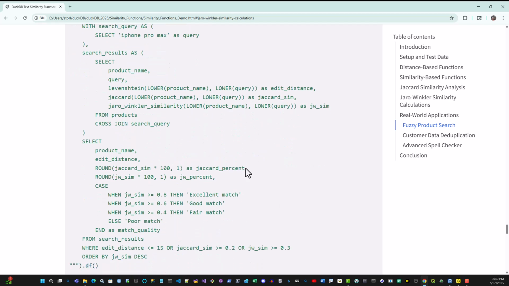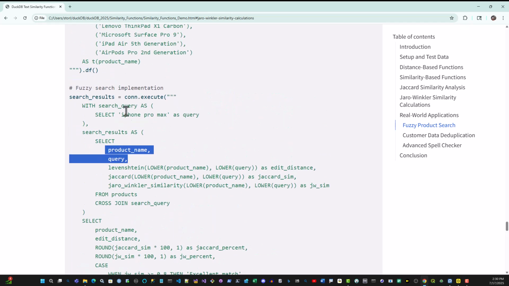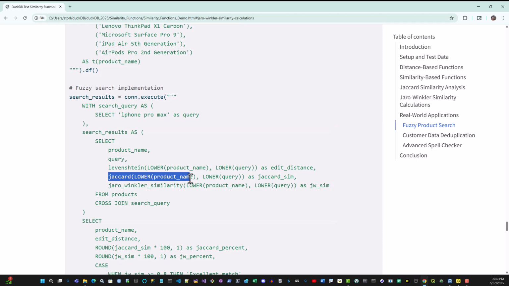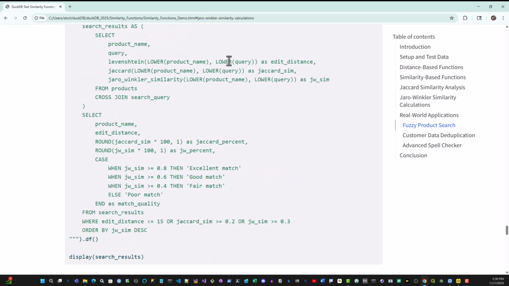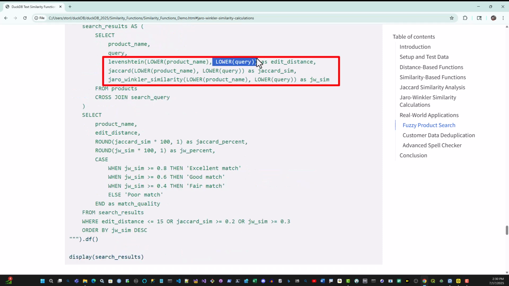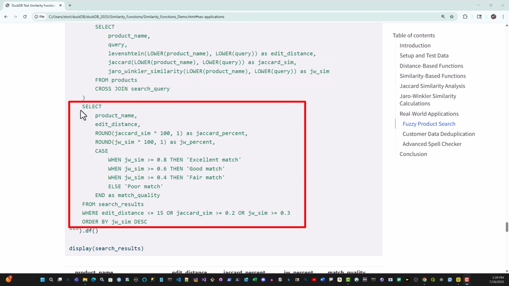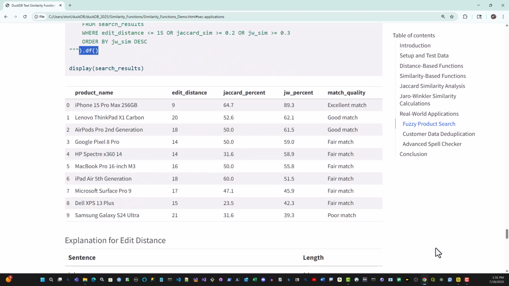What you do then is you select the product name and the query above, which is that phrase, and then you calculate the Levenshtein, the Jaccard, and the Jaro-Winkler similarity functions, as you can see here. Some of these are case sensitive, so you have to use the lower function to compare them, right? The lower DuckDB function.